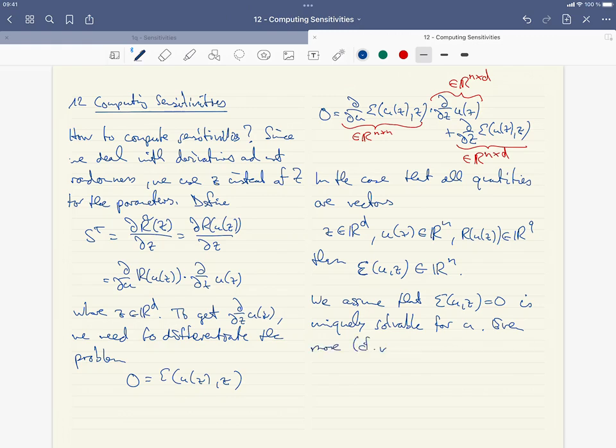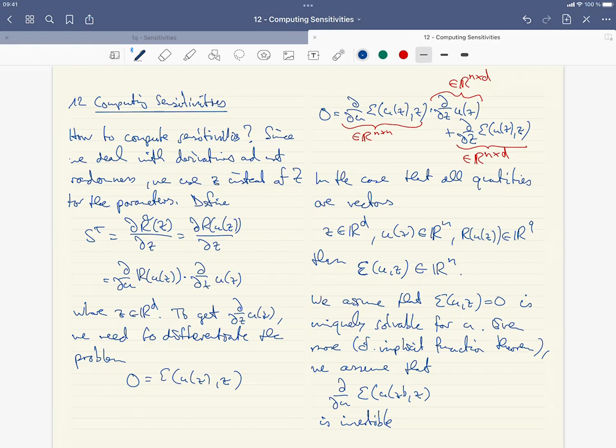So look at the implicit function theorem. That's all we're using here. We assume that this is also locally invertible, and that's related to the Jacobian being invertible.